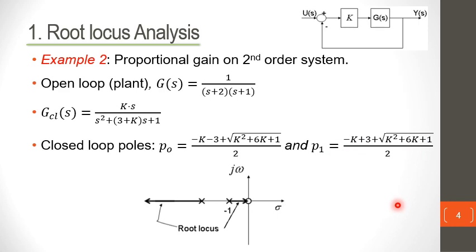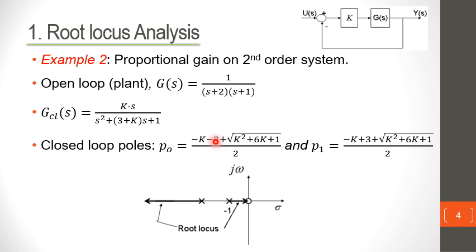Now, if you look at the closed loop pole P0 and take k equal to 0, this becomes 0, that becomes 0. Here you have the square root of 1, which is just 1, and then here this becomes 0.